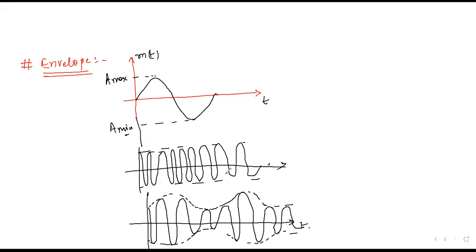Got it? Now this point is what? Maximum. This is A maximum. And now this point is what? Minimum. This is A minimum.